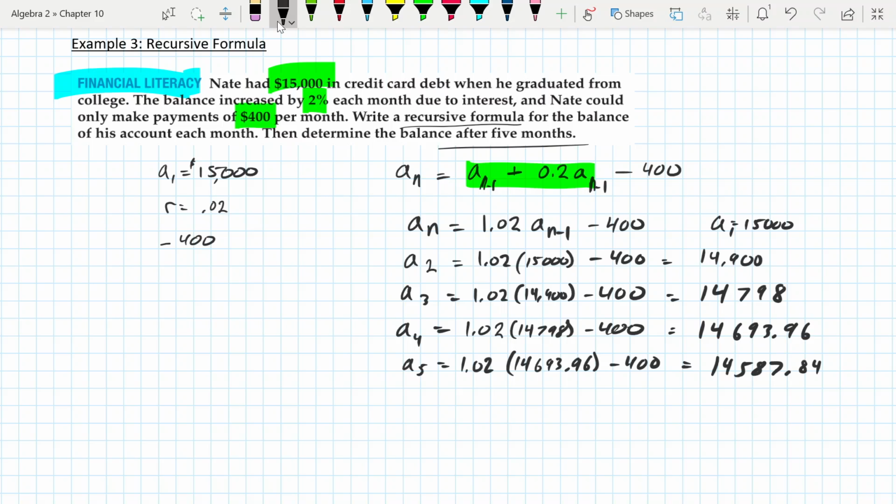So, the balance after 5 months is $14,587.84.